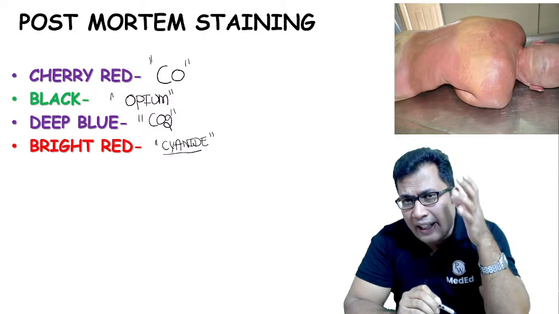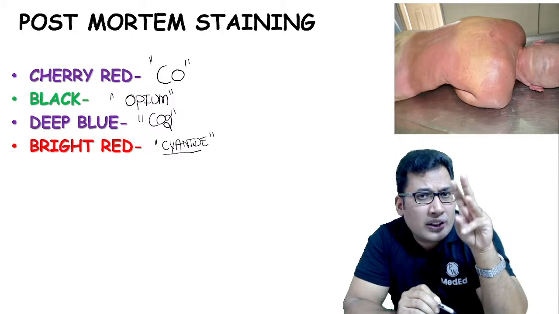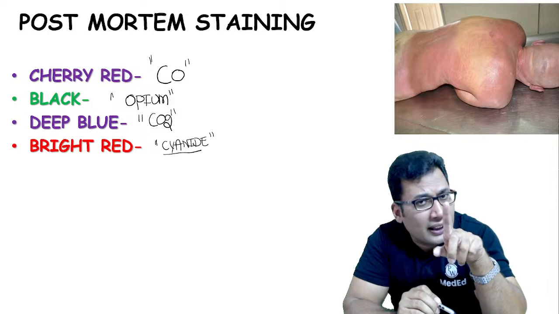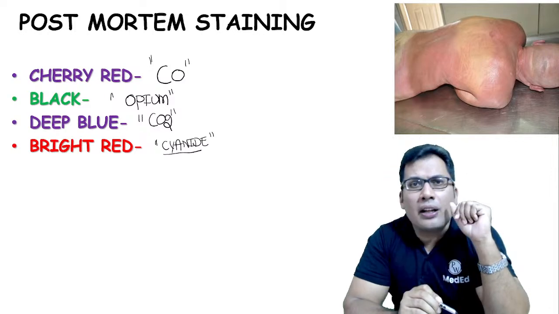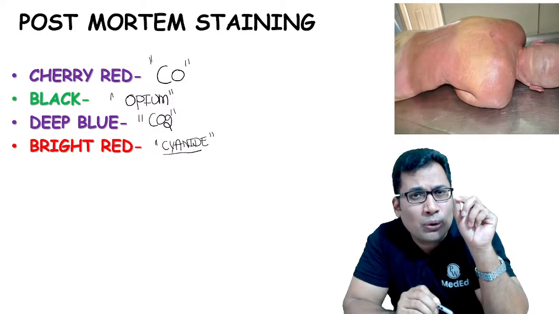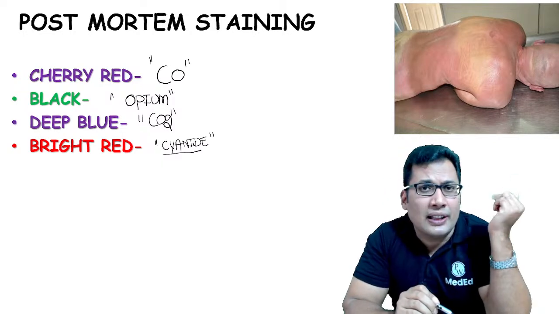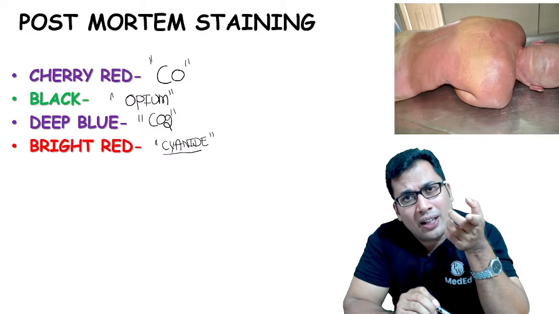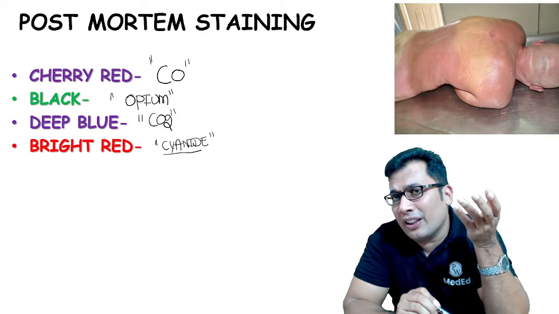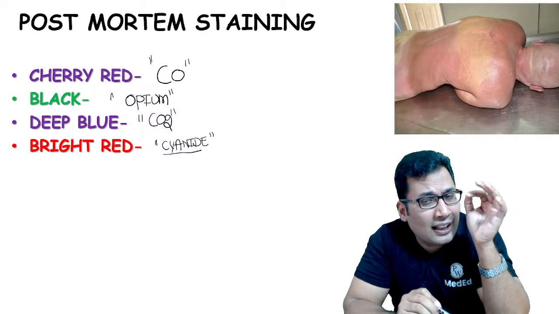In cyanide poisoning, three antidotes are tried: amyl nitrate, sodium nitrate, and sodium thiosulfate. Amyl nitrate is given by inhalation, while sodium nitrate and sodium thiosulfate are given intravenously through the same cannula.